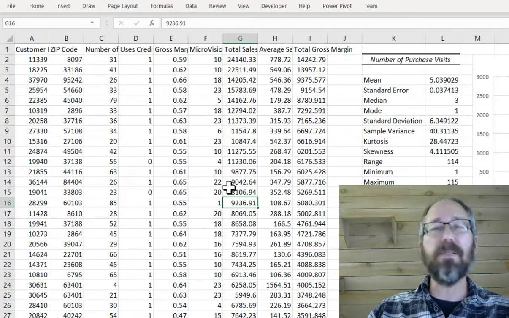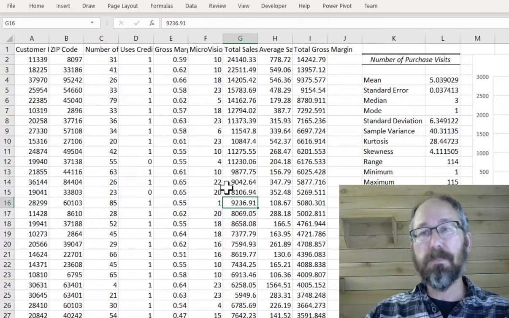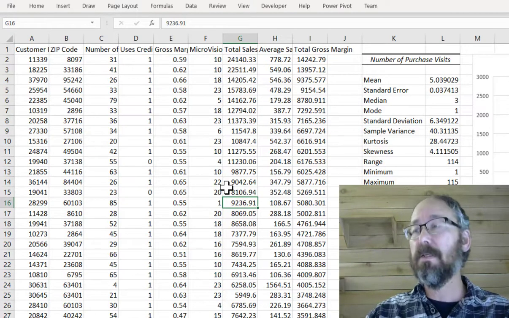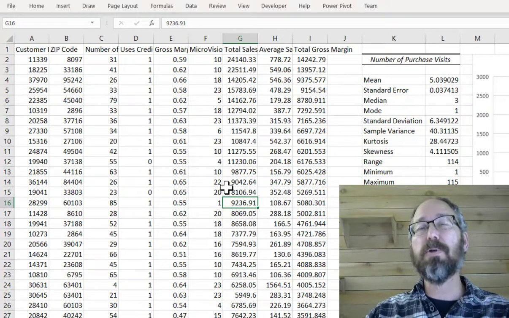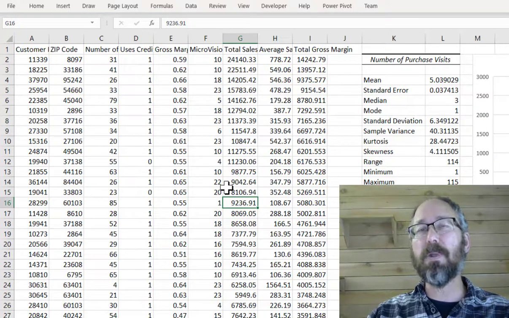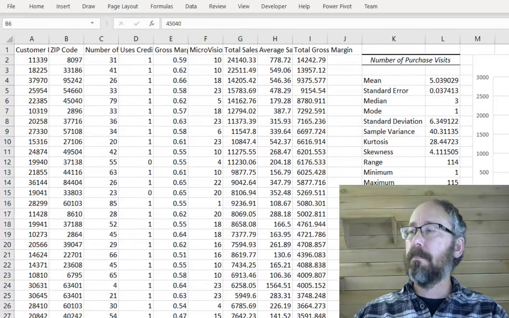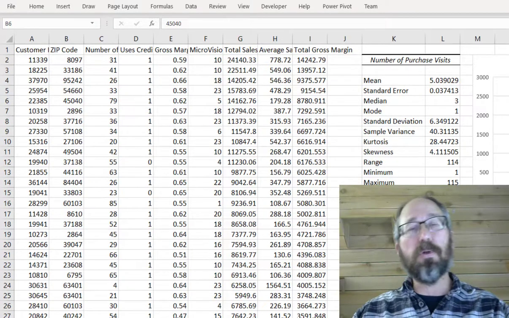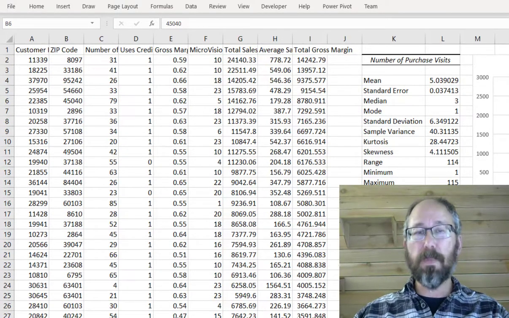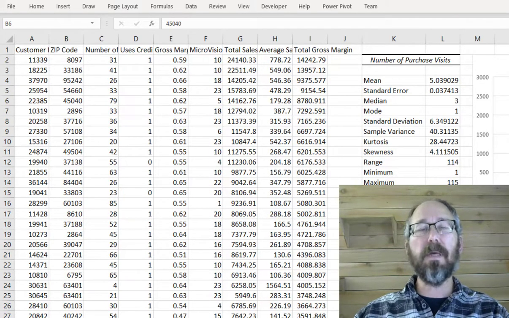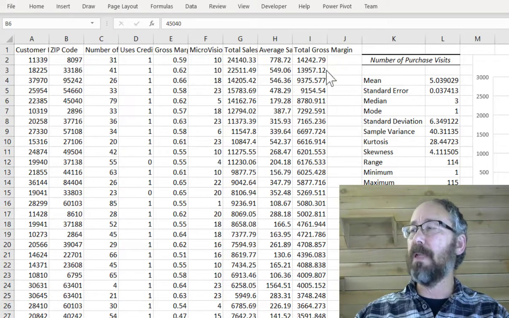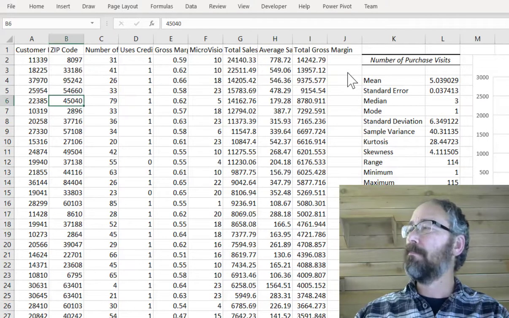So it pays for us to pay close attention to that gross margin percentage, and also to what we're actually trying to accomplish from a business perspective. Now we'll use total gross margin as our response variable, and let's check that against, say, credit card as the predictor variable and see what we come up with.